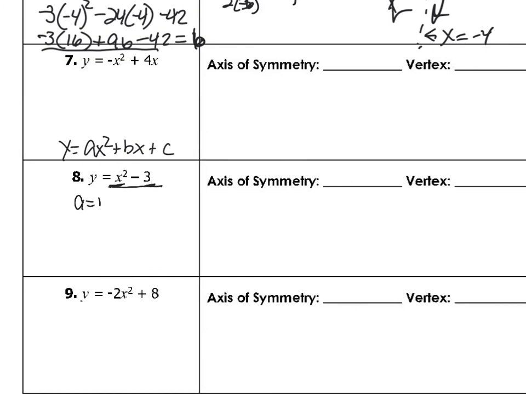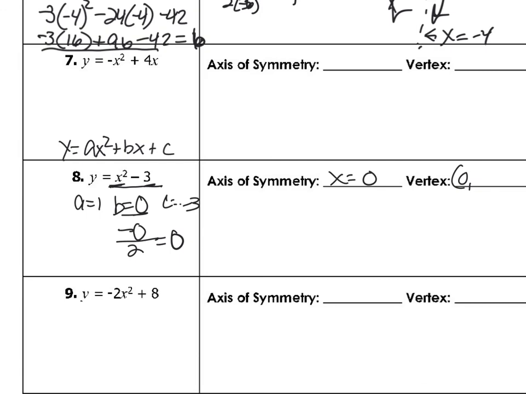So a equals 1 and c equals negative 3. I don't have a b, so that means b is 0. So the opposite of b, which is not really a negative 0, divided by 2a, 0 divided by anything is 0. So whenever b is 0, that means your axis of symmetry is 0.